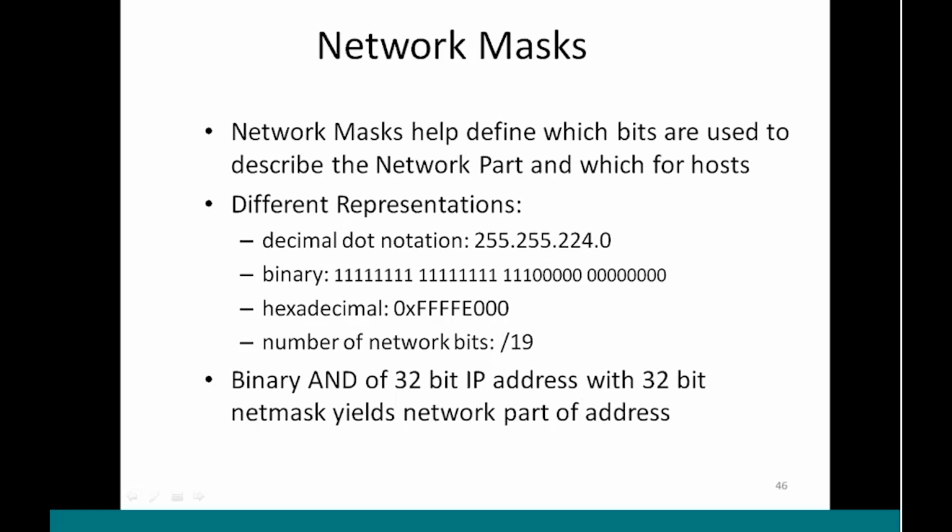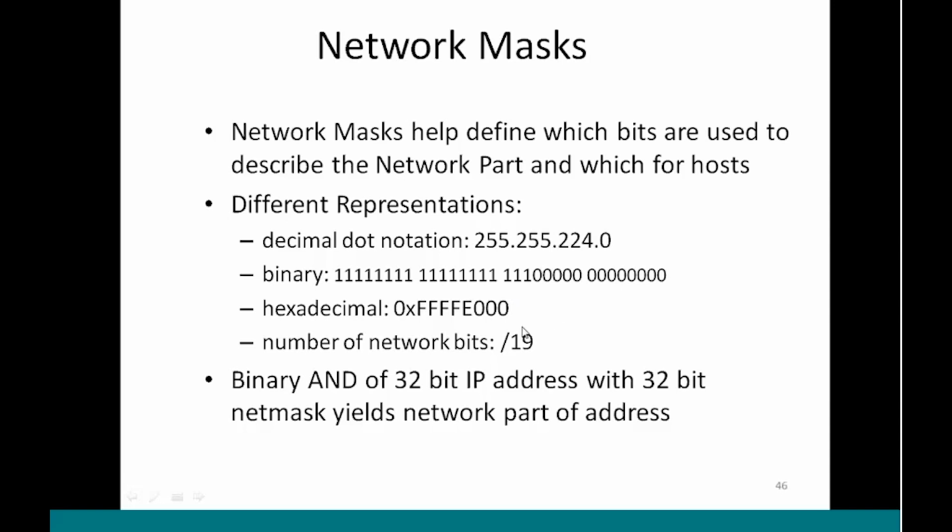So here you can see that the network is up to here. That is the first 8, 16, the 21, sorry, 19 bits, and then the remaining zeros are the host part.